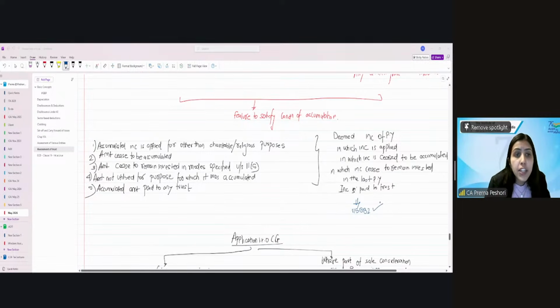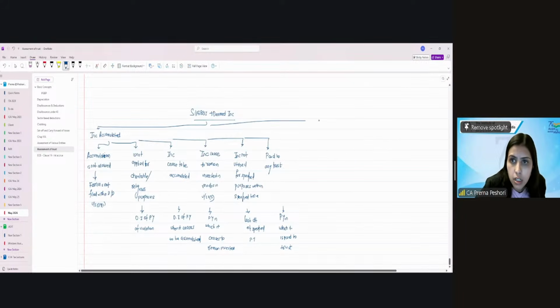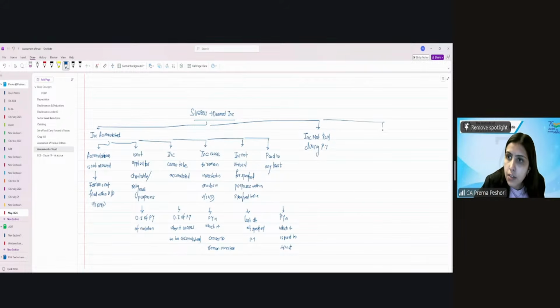Or if the income is not received during the previous year. Okay? So if the income is not received during the previous year, or the income is received late, and you have considered it as the deemed application.